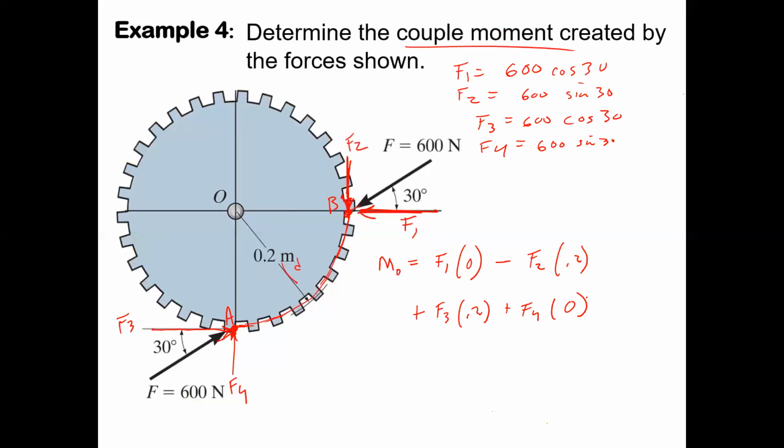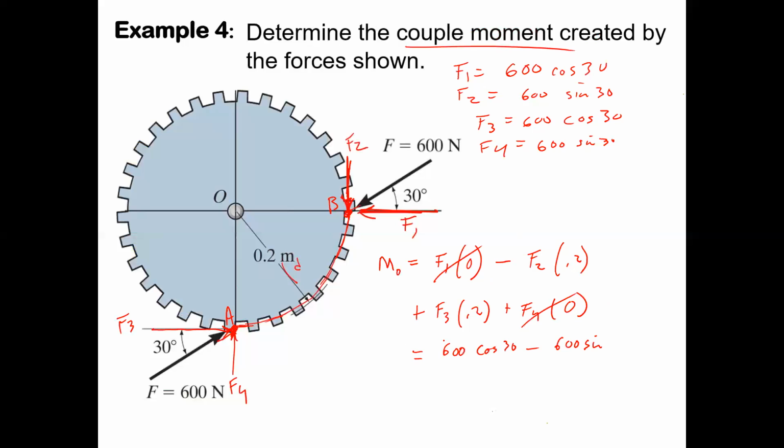Okay, all right, we found F1 is 600. So basically, these cancel out, right? It's going to just be F3, which is 600 cosine of 30, minus F2, which is 600 sine of 30. I'm sorry, F3 times 0.2.